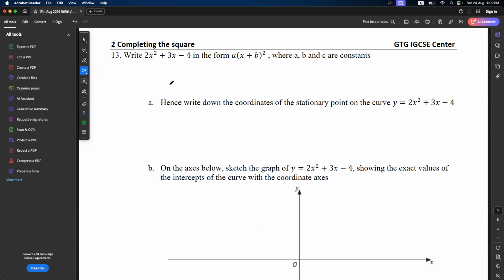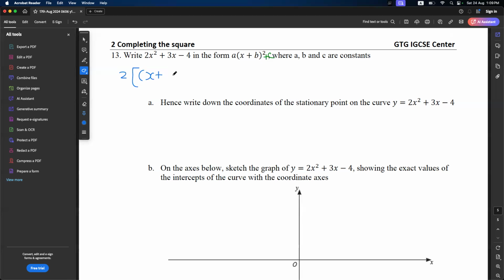Is there a C? And C is negative 2, bracket x plus 2 all brackets squared. Say step by step.